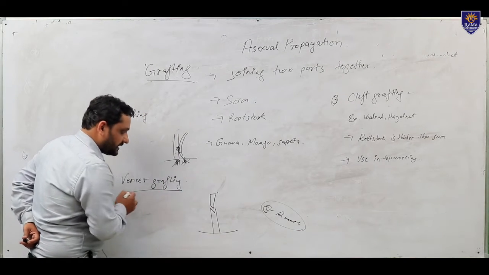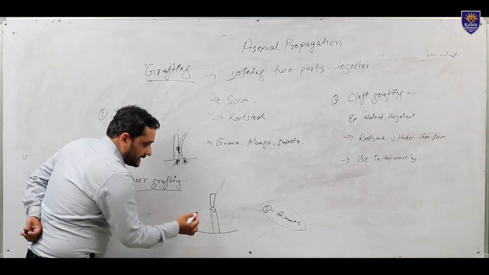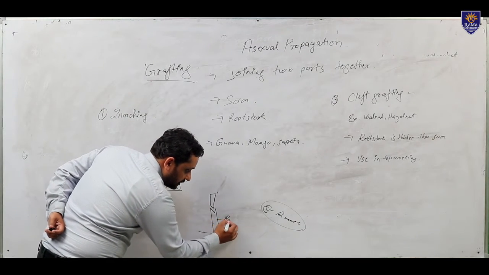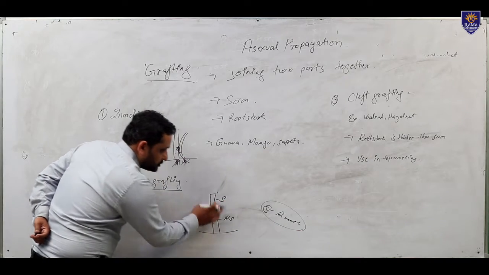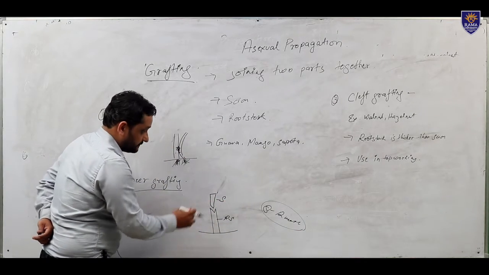In veneer grafting, it is very important to keep in mind that the rootstock and the scion should have the same diameter.